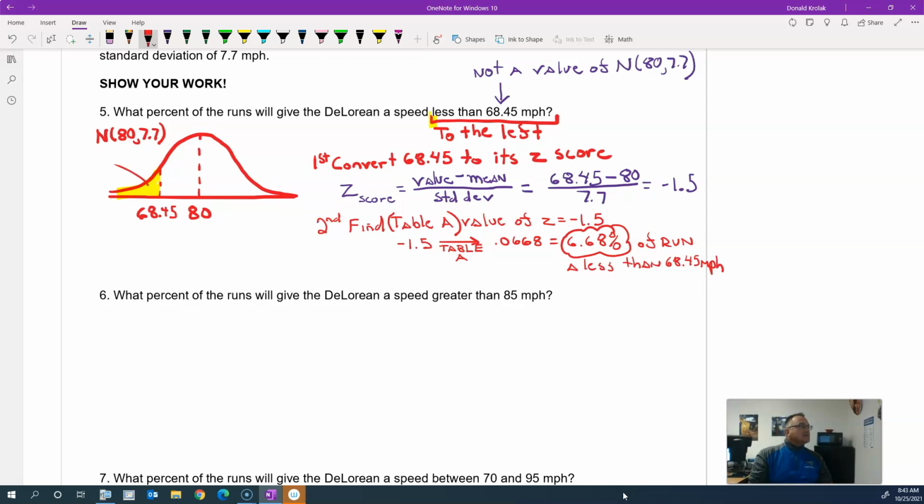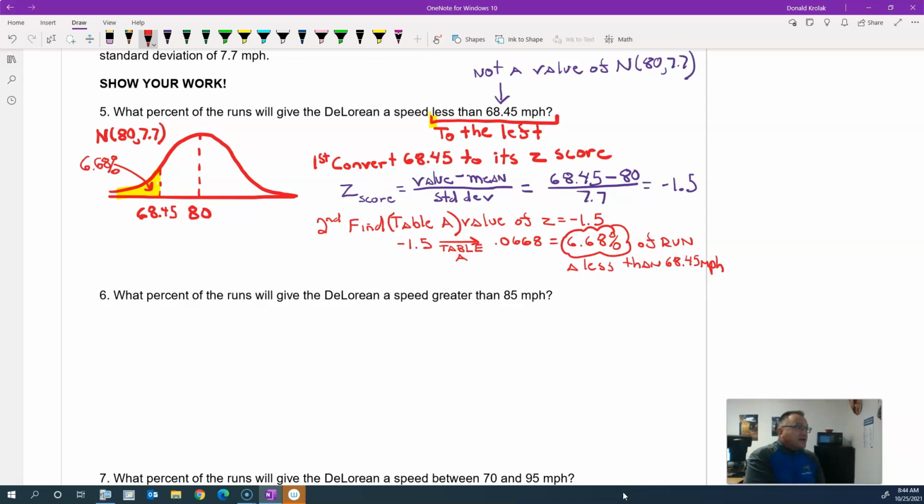So that's this little area right here. So now you can find the percent of any value. It doesn't have to be one of the values that were originally on your chart. You convert it to a z-score. All right.